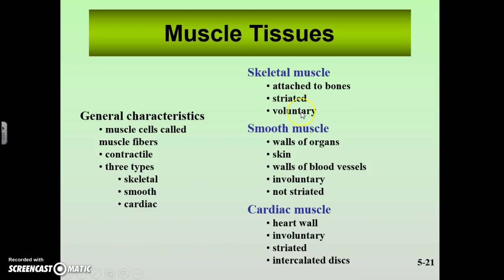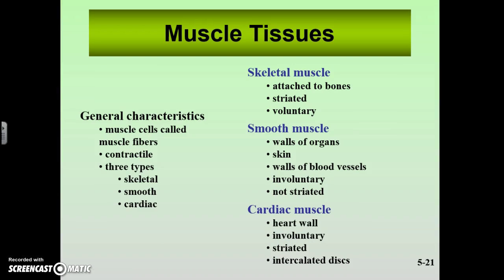Of those three types of muscles, which are involuntary? Both smooth and cardiac. Of those three types, which have striations? The two that have striations are skeletal and cardiac. Smooth does not.